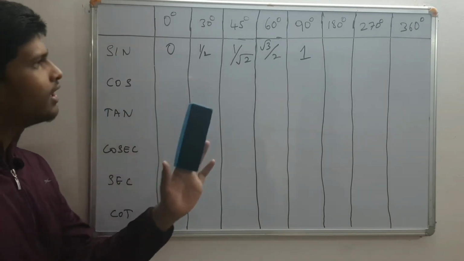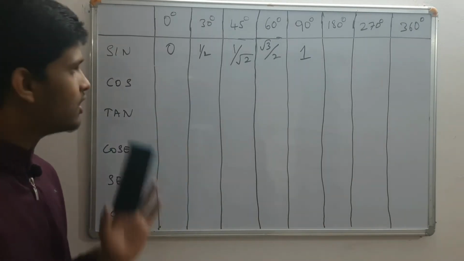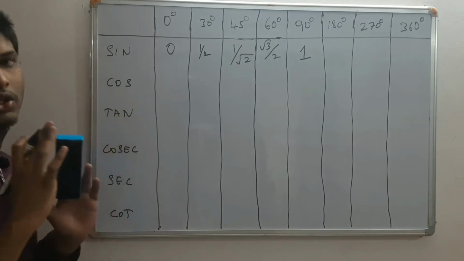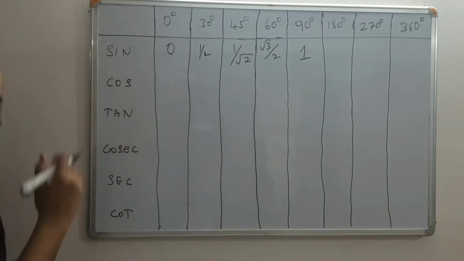If you remember these 5 values of sine, you can fill the whole table. For cos, you don't need to do anything, just reverse the order of sine.